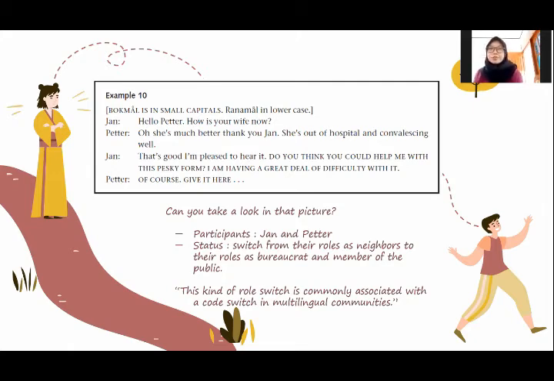In status, they switch from their roles as neighbors to their roles as bureaucrat and member of the public. In other words, they switch from a personal interaction to a more formal transaction. This kind of role switch is commonly associated with a code switch in multilingual communities. Next slide.